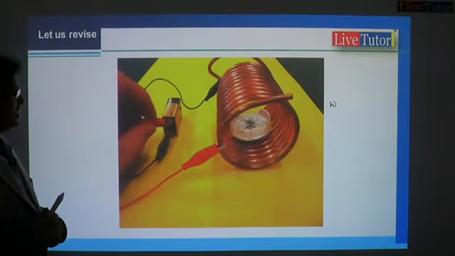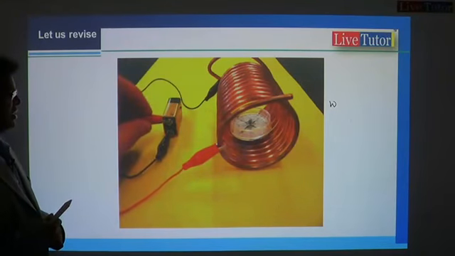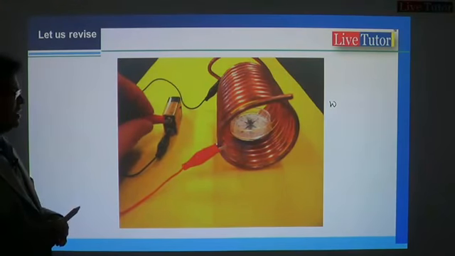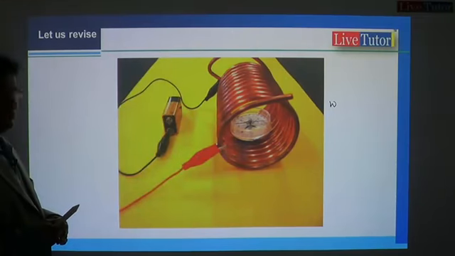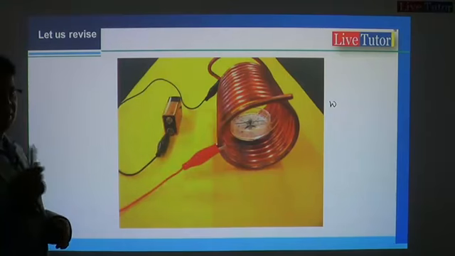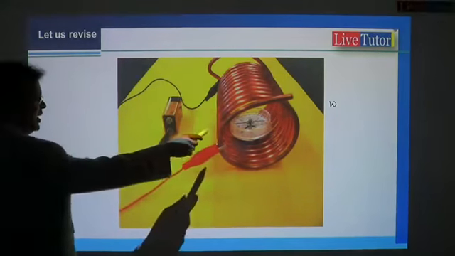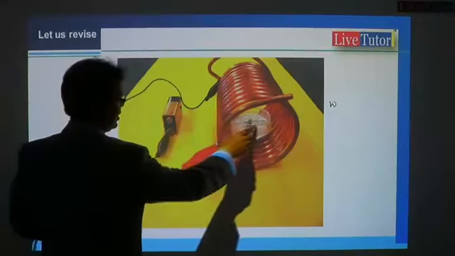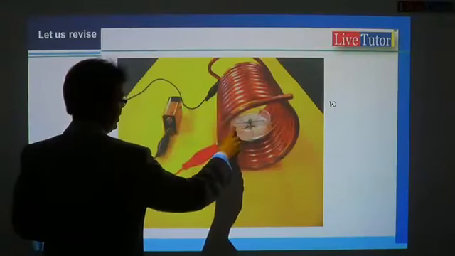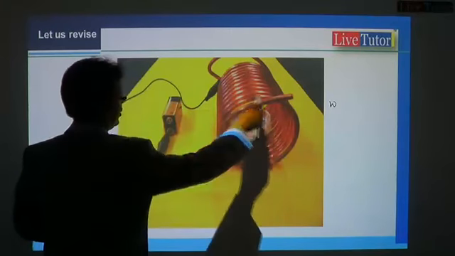Now the battery is connected. See that once the battery is connected, it is showing deflection, right? Once the current becomes steady, what is the direction you can see? You have to tell me one important point from this video. Earlier, the needle is along the direction of this coil.